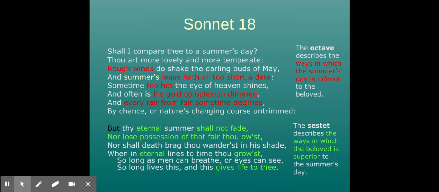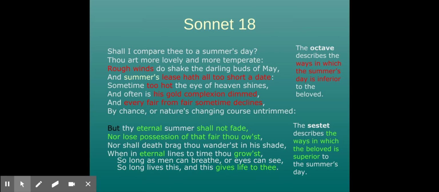Now, this is kind of an interesting line because he's making a play on the word lines. First, we can take it as in, the lines and wrinkles that you get as you age. But it also is in reference to the lines of poetry.